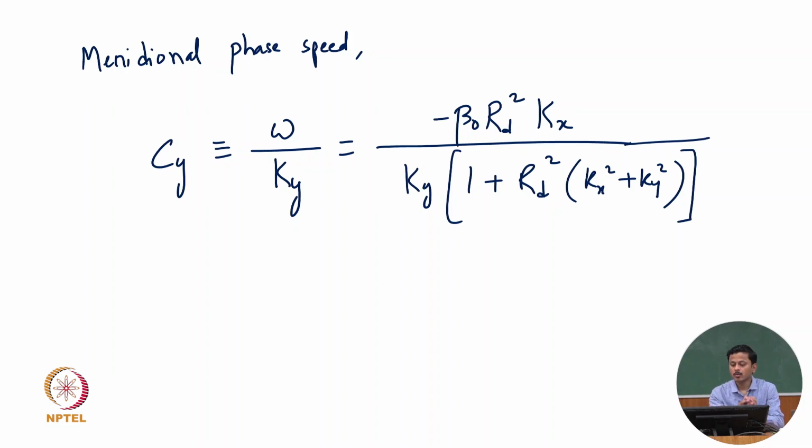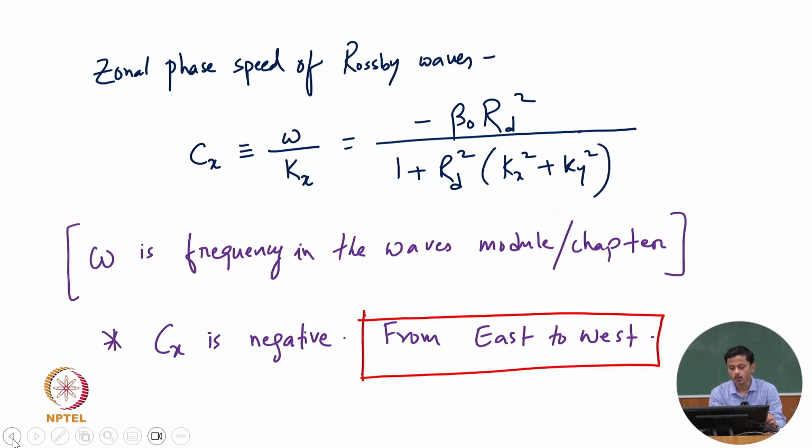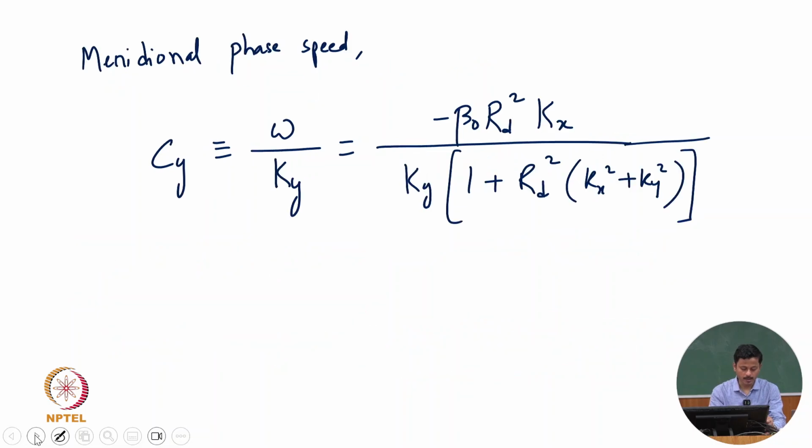Okay, now you can see that determining the sign of this component of velocity is not easy, because it depends on kx and ky. Unlike in the previous case where there was no dependence on kx and ky because kx appeared in the numerator and we divided it by kx.